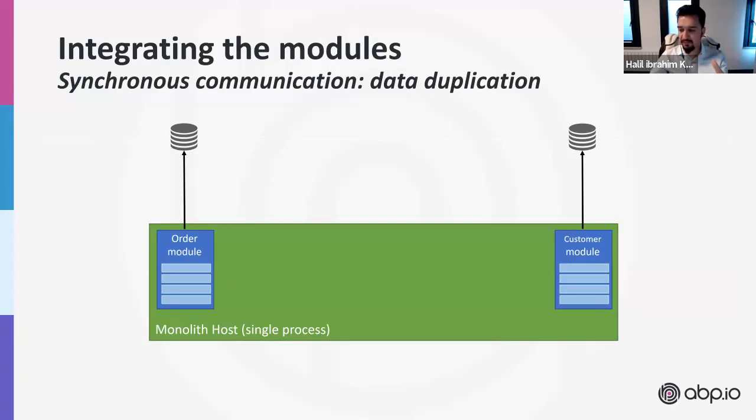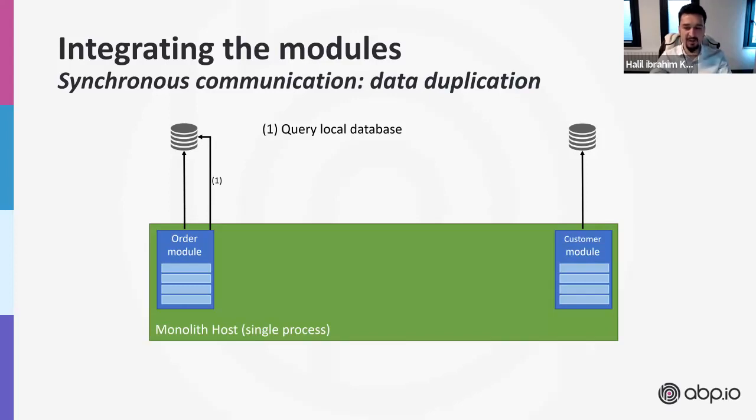The caching pattern was a little bit less complex, but data duplication is more complex and maybe a little bit harder to implement. You have an order module again and a customer module. When you need to query customer data while placing an order, with this pattern, it's best to query our local database first.